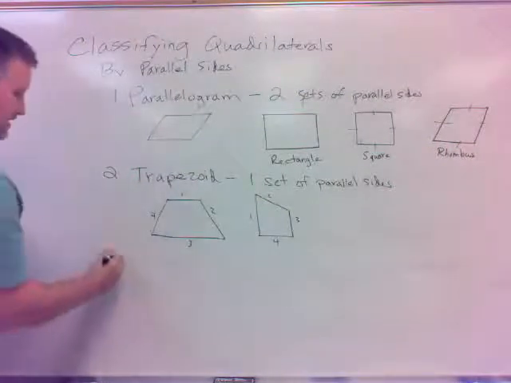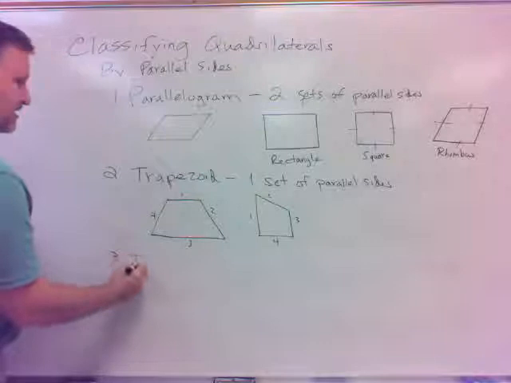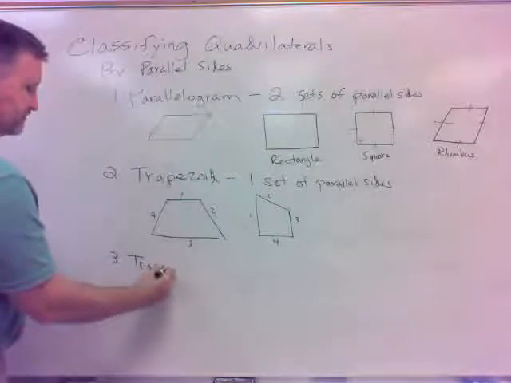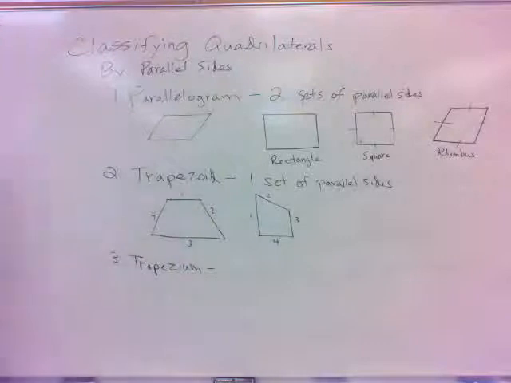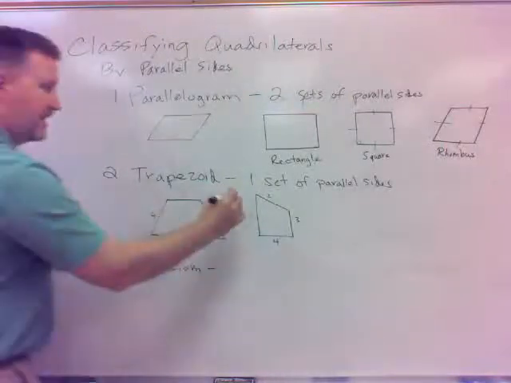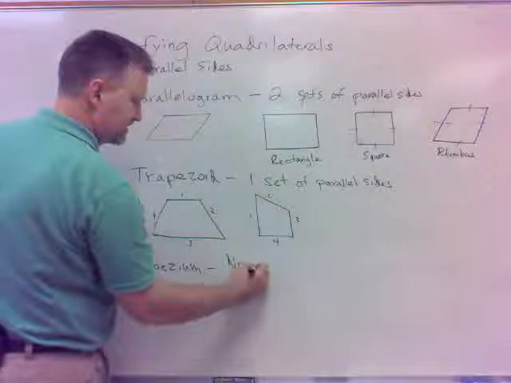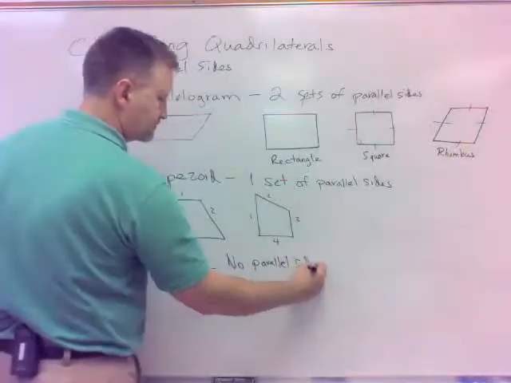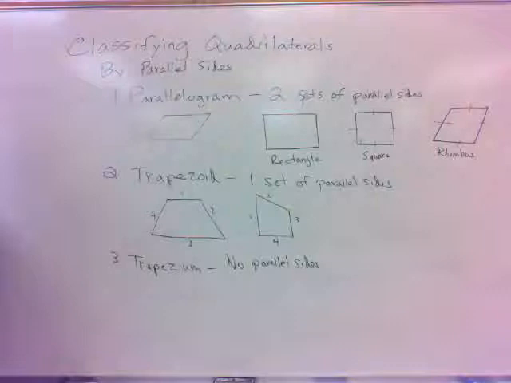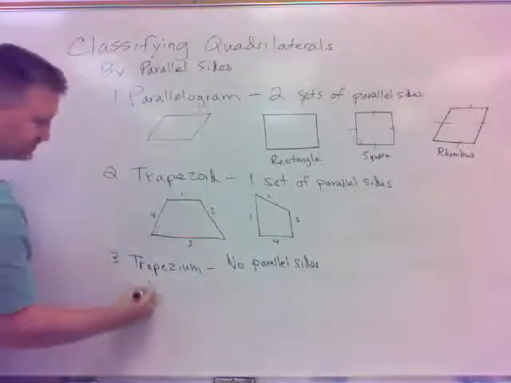Okay, and then last but not least is the trapezium. Maybe one you've never heard of, but there is such a thing as a trapezium, and it's no parallel sides in your quadrilateral at all. Probably the easiest one to draw these is the kite shape.